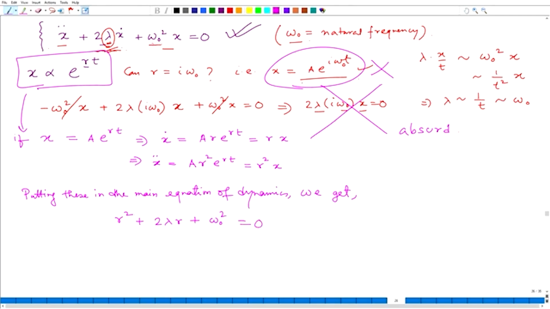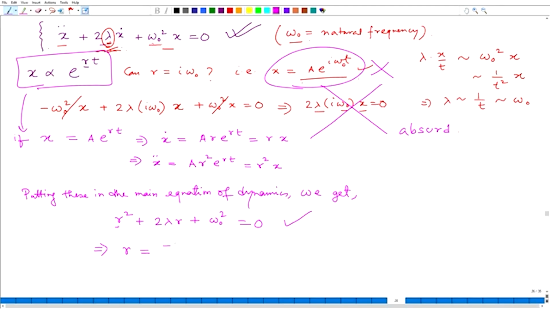So, you see you will get a quadratic equation in r. I just left r as free as possible, so that I could not put any constraint on r a priori. And if you now solve that, r will be equal to minus b plus minus root of b square minus 4ac by 2a.